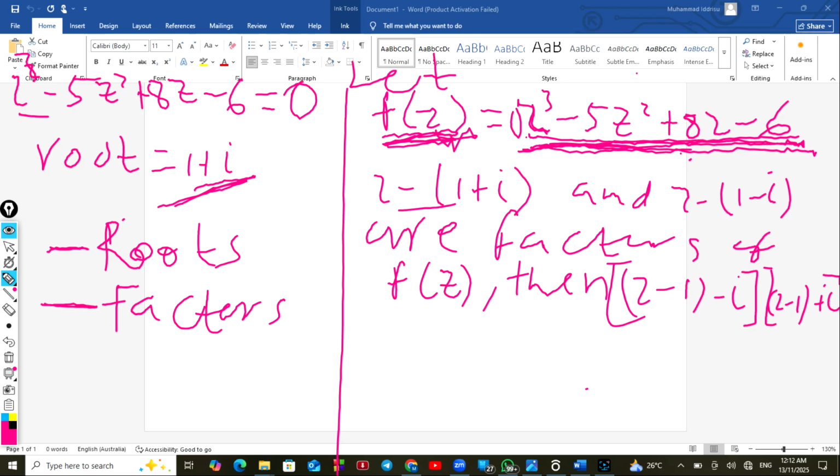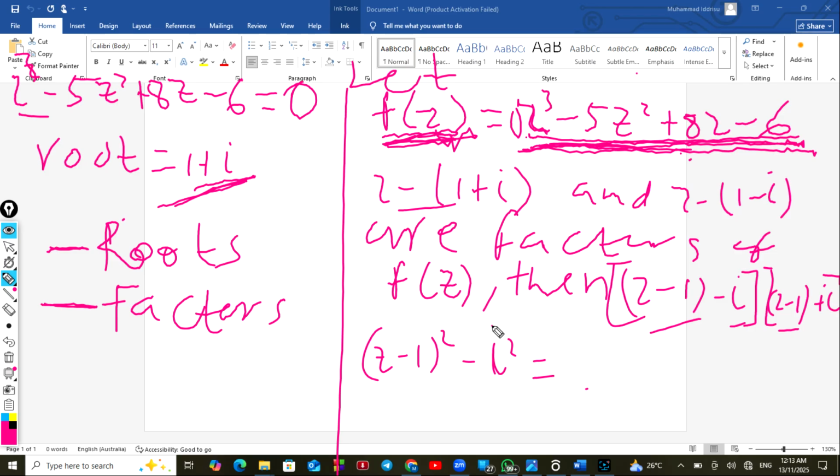The way I group it, I hope you can see how I've grouped it. If this is A and this is B, we have A minus B, and here we still have our A, but this time plus B, and we are multiplying. So we have a difference of two squares. Let's apply the difference of two squares. We know it will be z minus 1 squared minus i squared, but we know that i squared is negative 1.